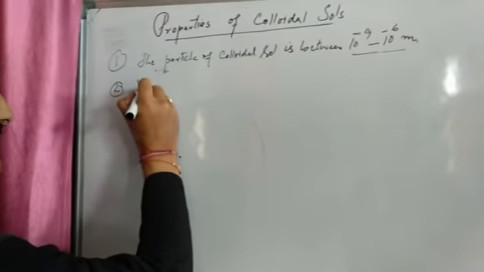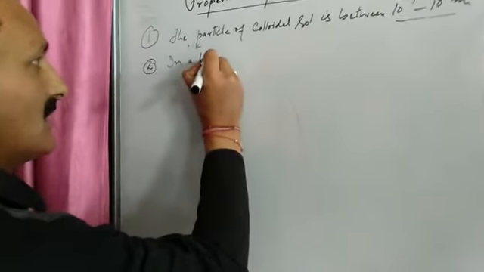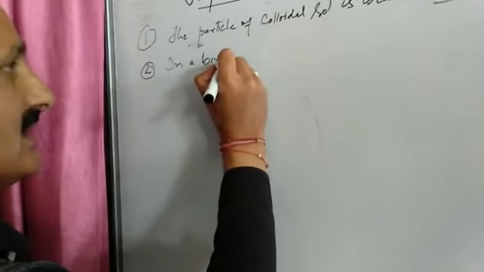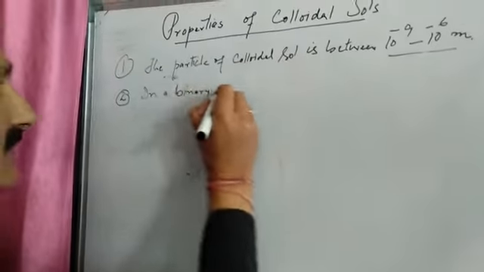So we have two components in a binary colloidal solution. Binary means which has two components.